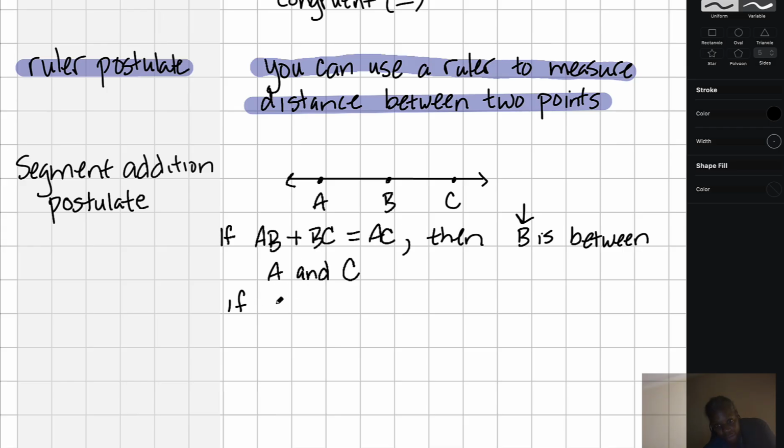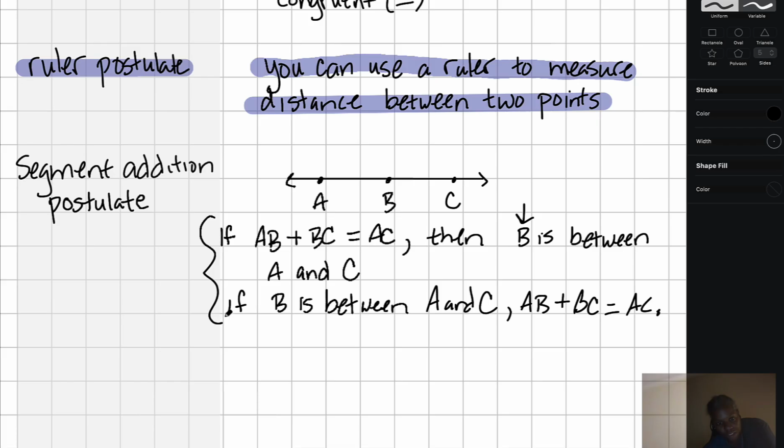If B is between A and C, then guess what? Then we know that the length of AB plus the length of BC is equal to AC. And all of these statements together, that is the segment addition postulate.